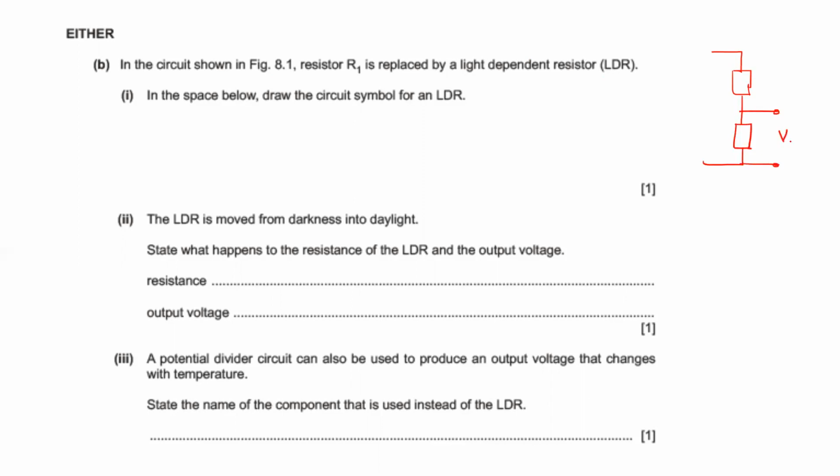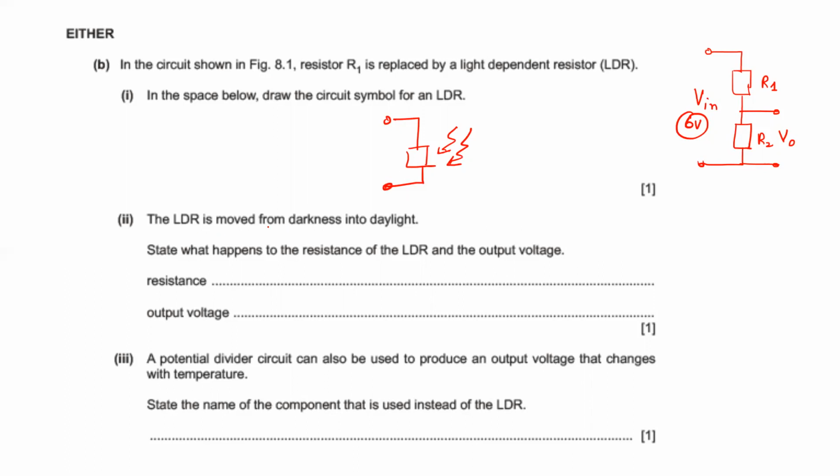This is my V output, and this is, say, V in, okay? And this one was 6 volt. In the space, draw the symbol for the LDR. So the symbol for LDR is pretty simple, it just shows the light shining on this. So this is the symbol for an LDR.